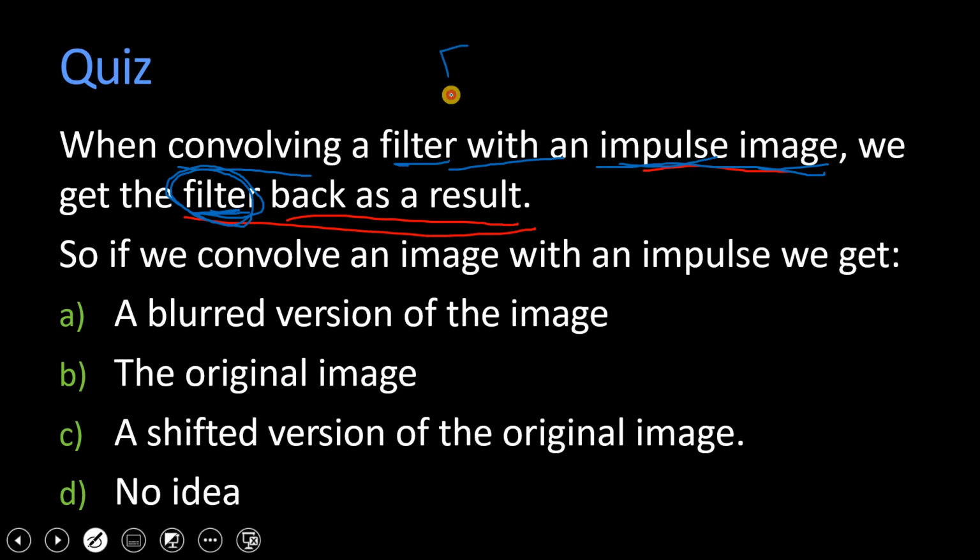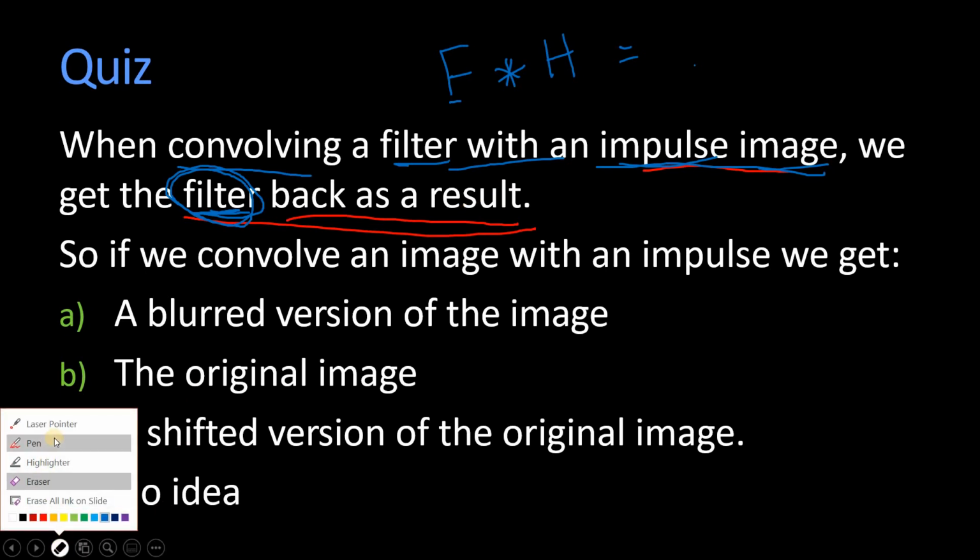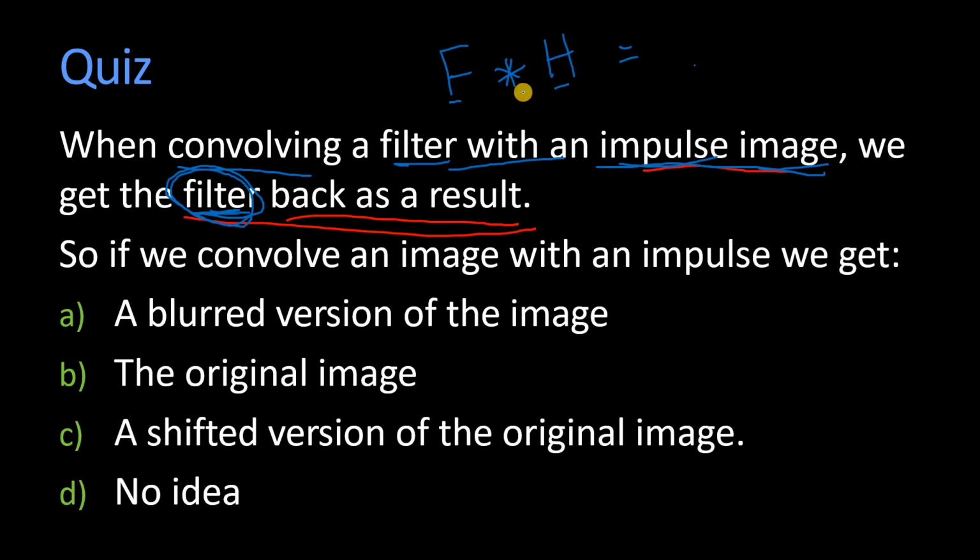So if you do convolution of the filter with the mask, the result will be simple image F. Sorry, not F. It will be your H. So H is your mask.